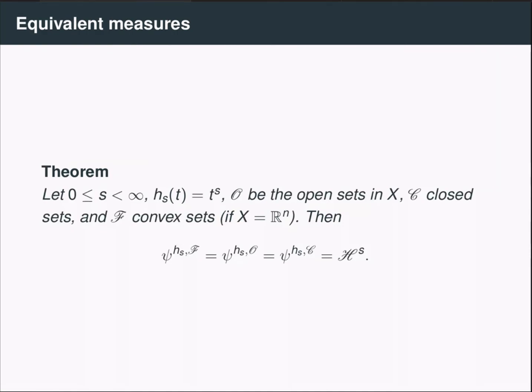Indeed, if we let the gauge function h be the same, where this gauge function is shorthand to say that h_s of E is just a function of the diameter of E, namely the diameter of E to the power s, and we use either the class of open sets, closed sets, or convex sets in the case of Euclidean space, then it's not too hard to show that the resulting Caratheodory measures are all still equal to Hausdorff measure.